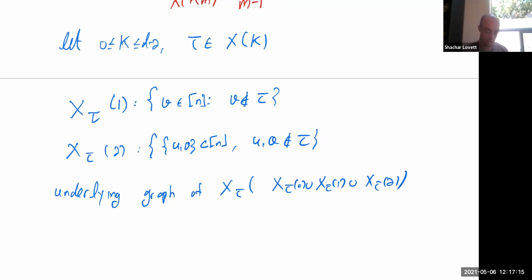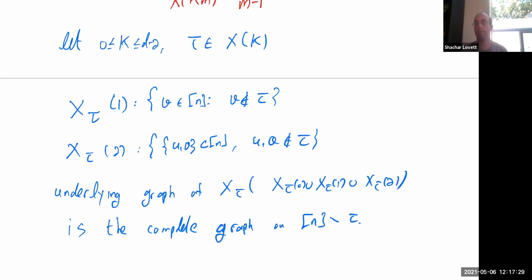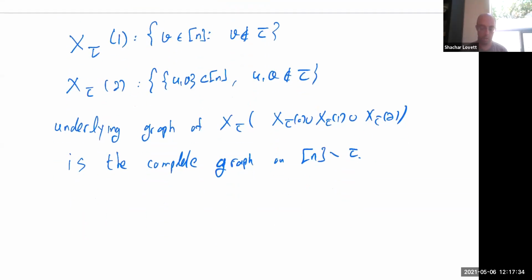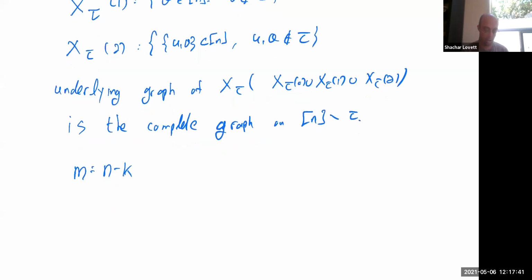So it is the complete graph on n minus tau. Right, and what are its eigenvalues? So m is n minus k, and the eigenvalue is 1 over m minus 1, which is 1 over n minus k minus 1.